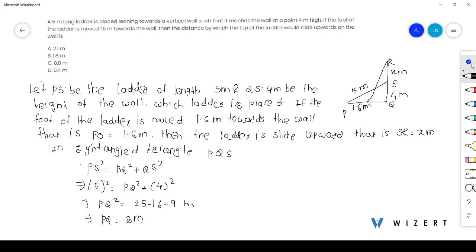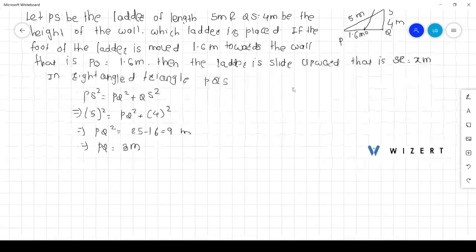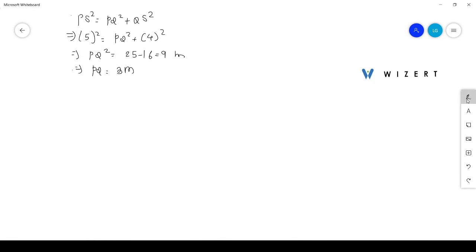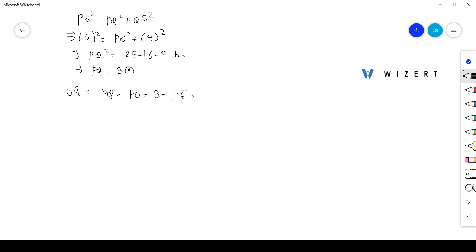Now from the figure we can see here OQ equals PQ minus PO, so it is 3 minus 1.6, which is 1.4 meters.